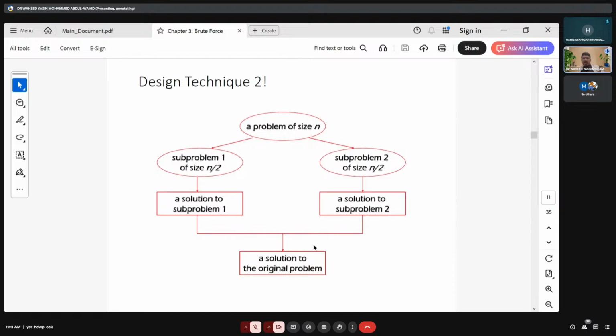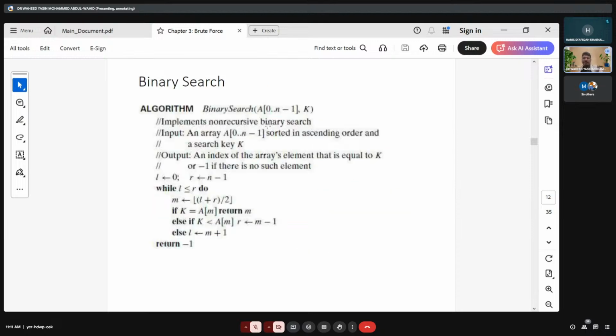Then I combine these solutions to get the solution for the main problem. So it means divide the problem into subproblems, find a solution for each subproblem, then combine them into one solution, which gives me the solution for the main problem. This one we call divide and conquer.